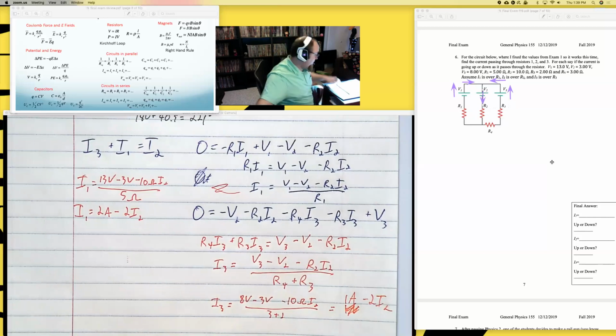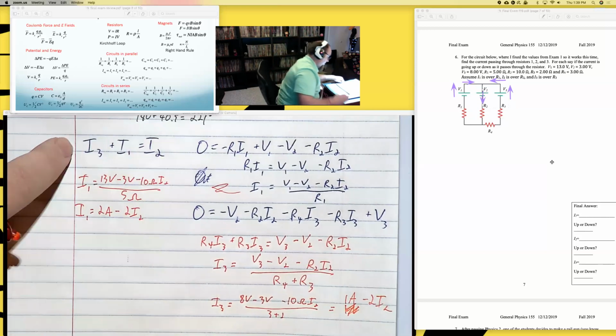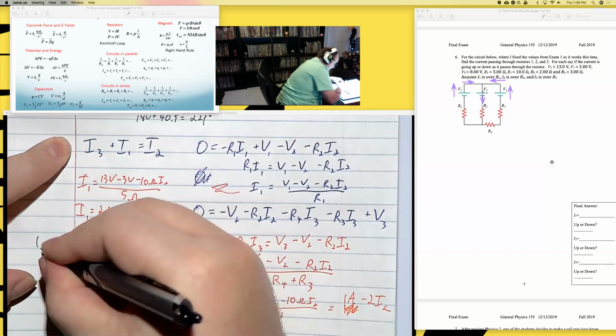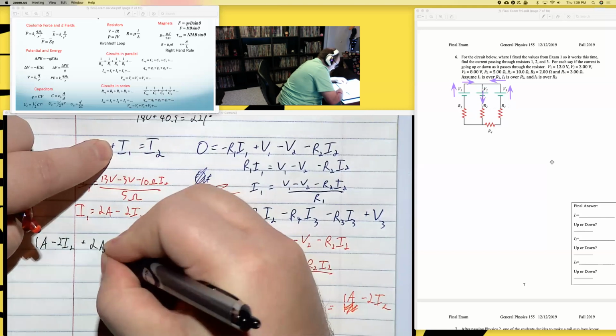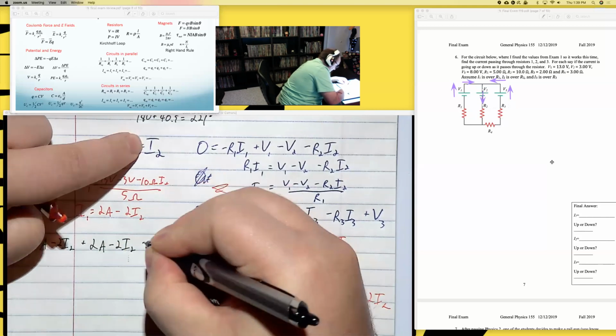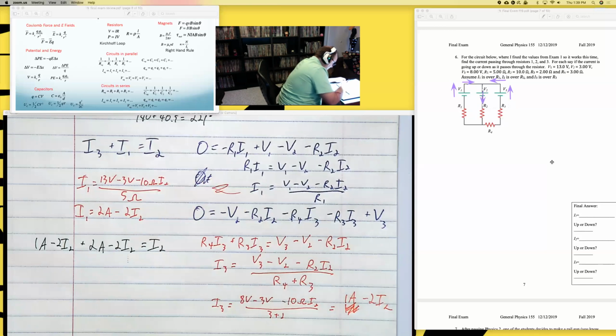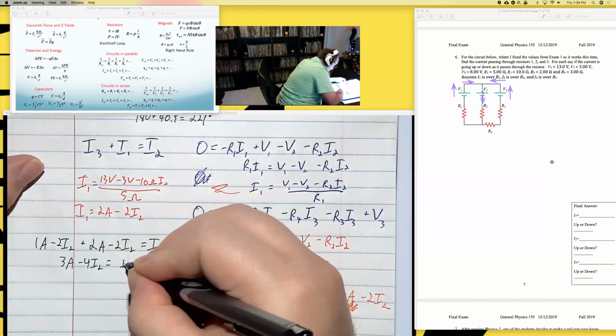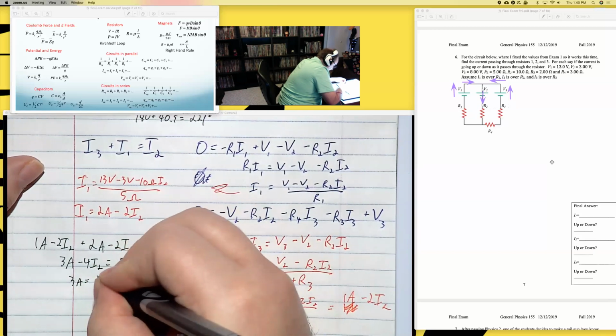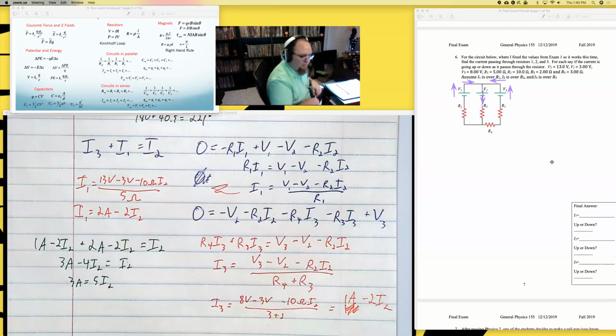I'm then going to take both of these and plug into this equation. 1 amp minus 2 I2 plus 2 amps minus 2 I2 equals I2. That is 3 amps minus 4 I2 equals I2. 3 amps equals 5 I2. Really? I got 3/5? Yeah, I got 3/5.